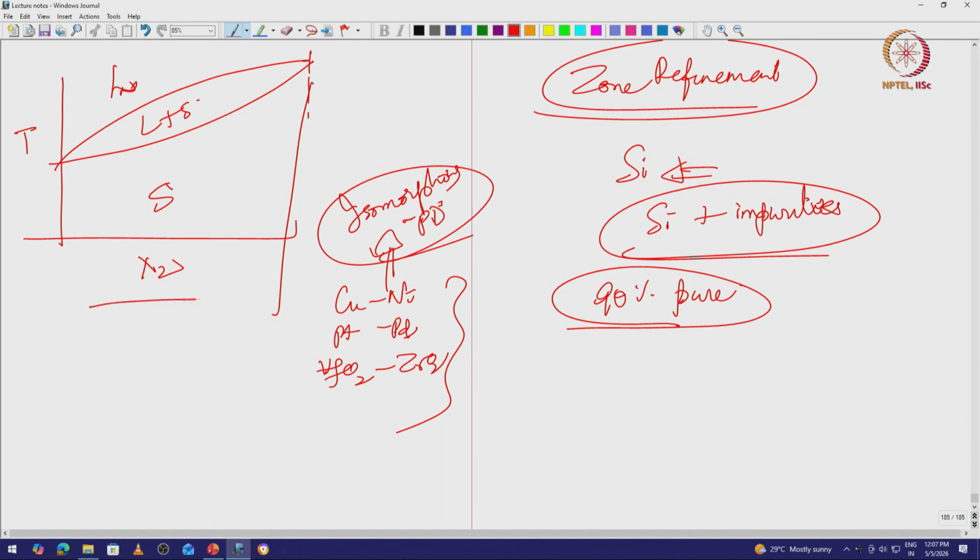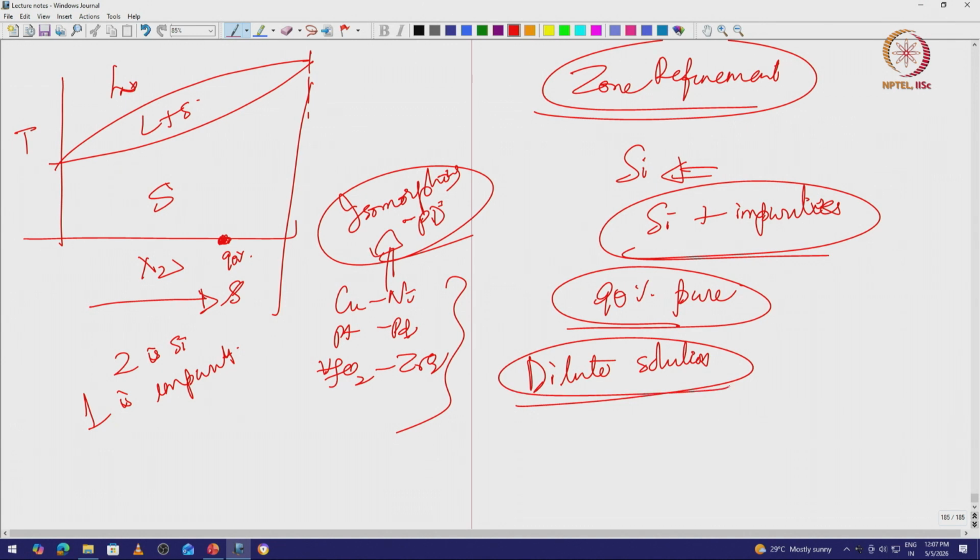Now this is the composition, 2 is silicon and 1 is the impurity, some impurity. Silicon is 90% pure, so it is somewhere here, and so this is what is called a dilute solution.